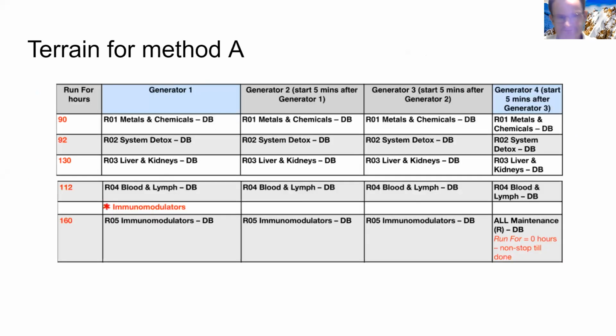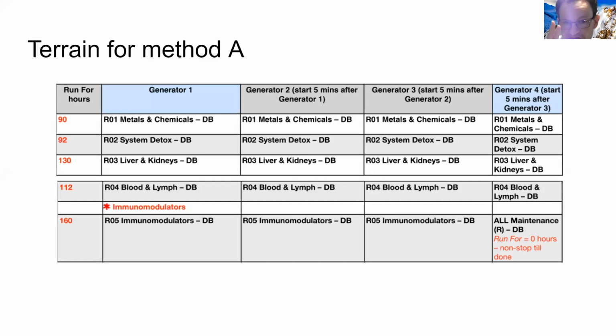Okay. So this is where I have to explain some stuff. You've got 2 columns highlighted in blue on this part of the explanation. If you're only running 2 generators, you're running 1 generator on generator 1 and the other one on generator 4.